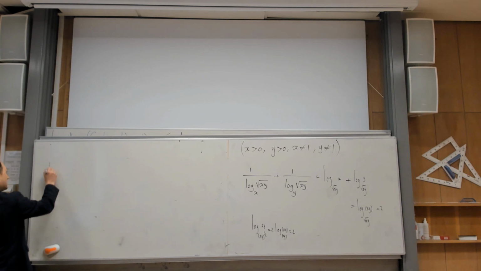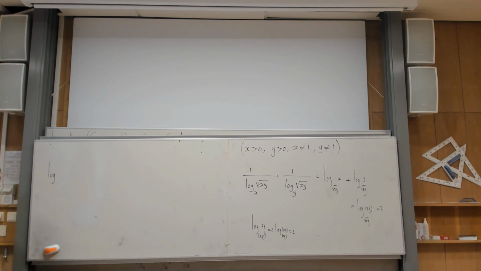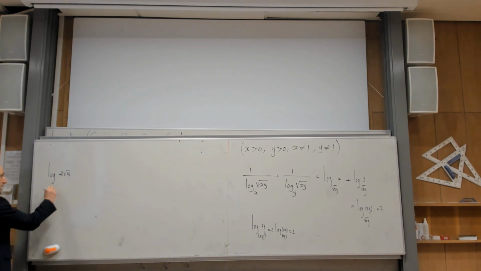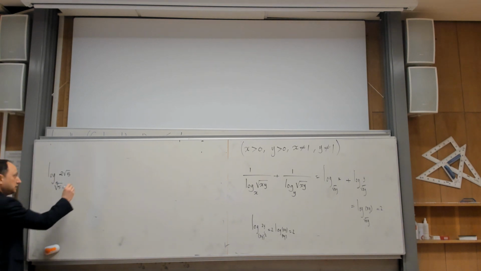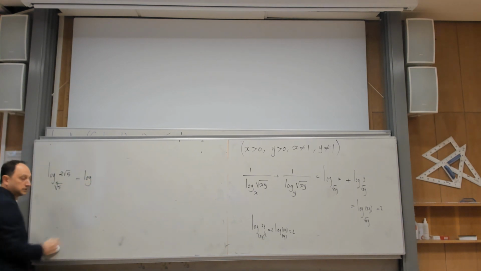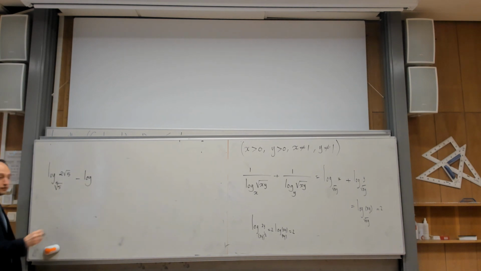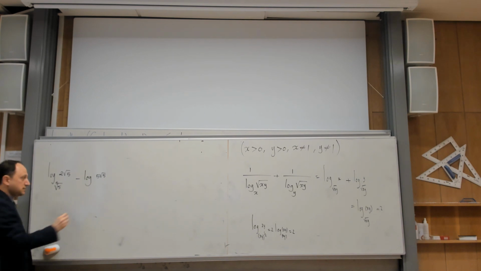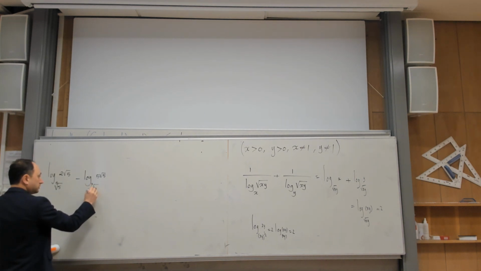So I want you to simplify this expression as much as possible. Log of 2 times the square root of 5, but in the base of 5th root of 5, minus logarithm of 5 times the square root of 5, the base is 3rd root of 5.